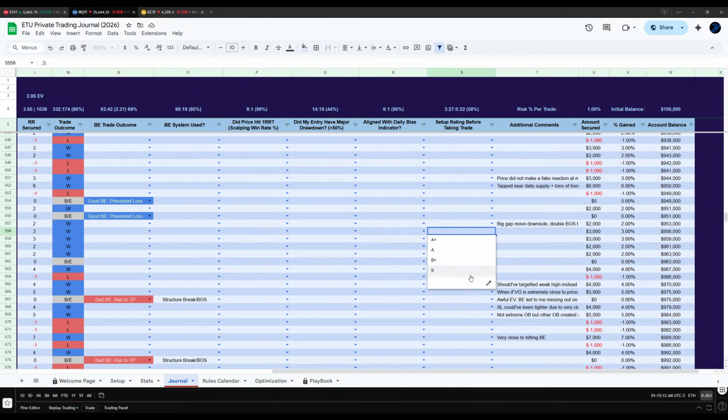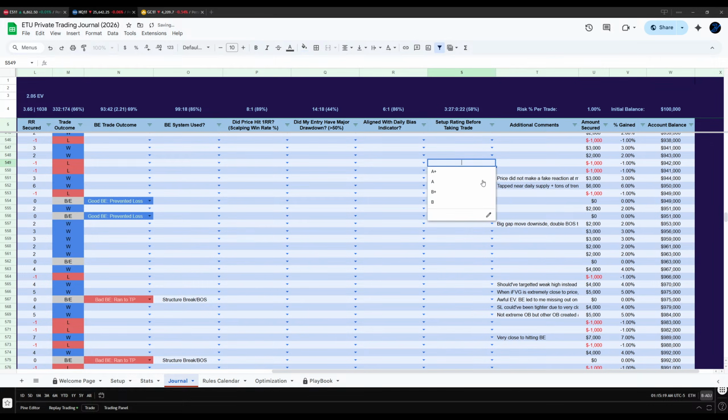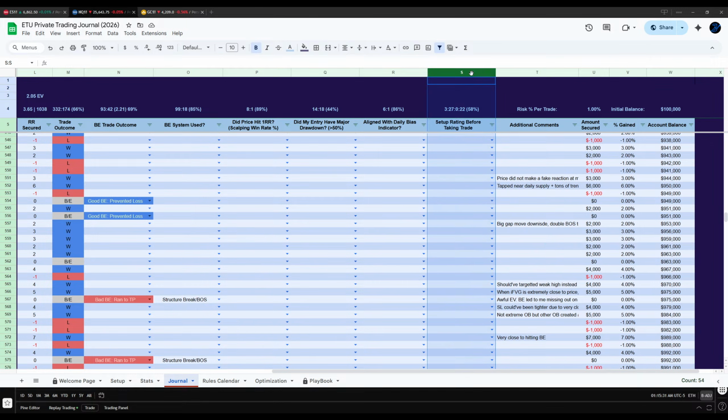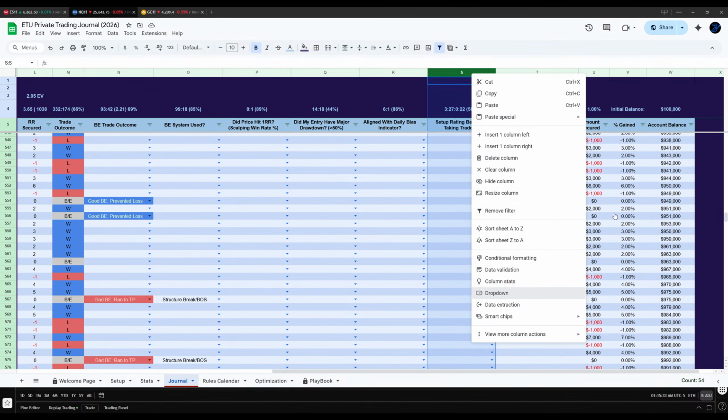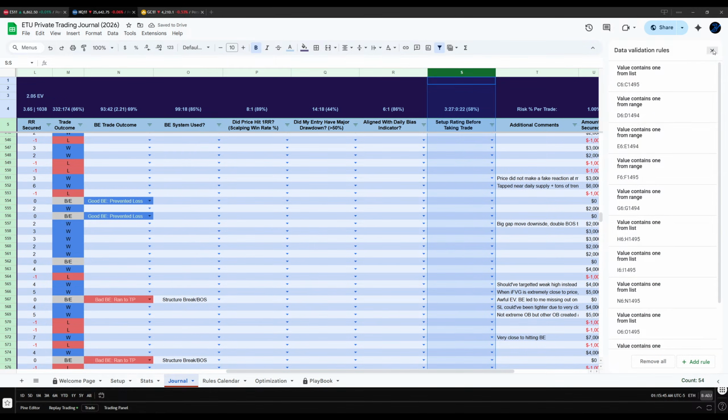For some reason, why is it not letting me filter with B plus? Or B, sorry. Or no, B plus. Why is B plus not here? That's so whack. Now this thing is weird. Hold on. I'm going to try again.